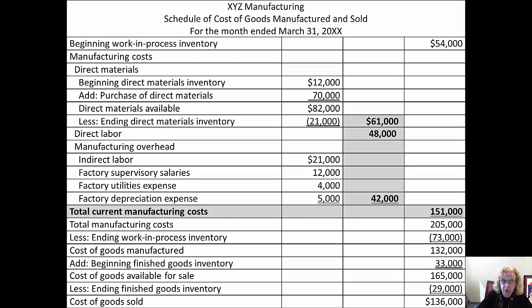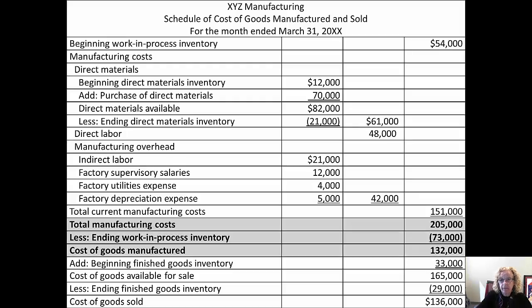Now we can add to that our beginning work in process, and that gives us our total manufacturing costs minus the dollar value of the work in process that didn't get finished must equal the dollar value of the work in process that did get finished.